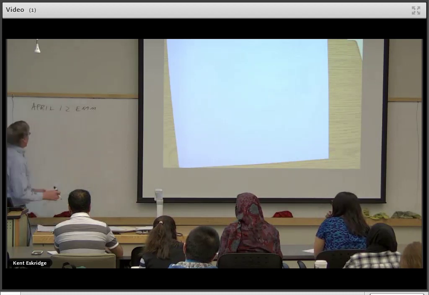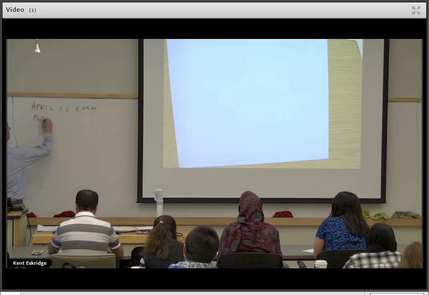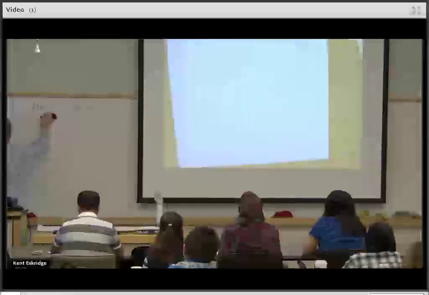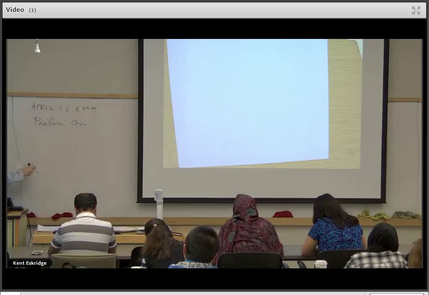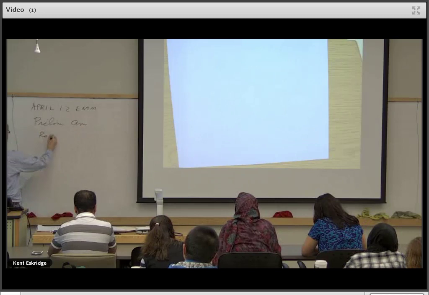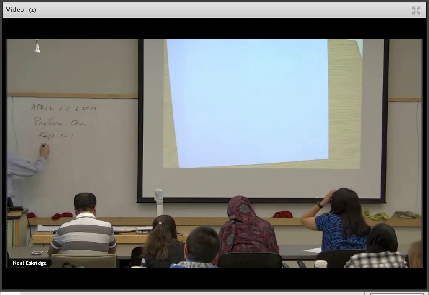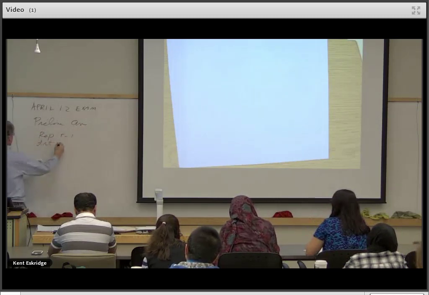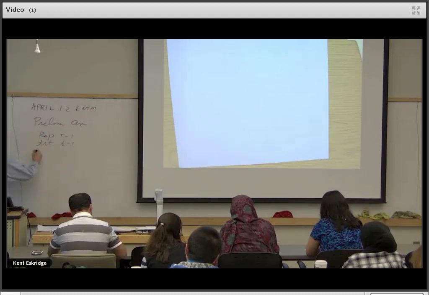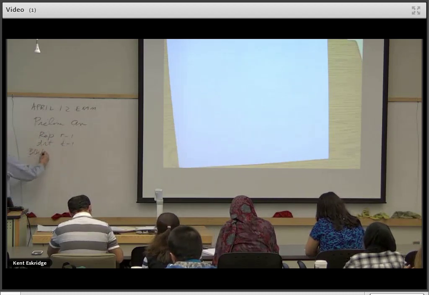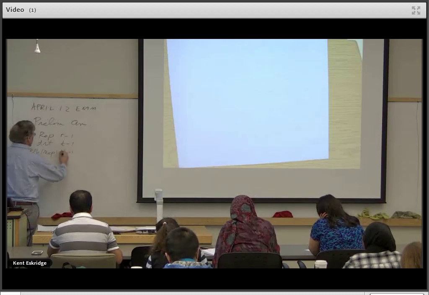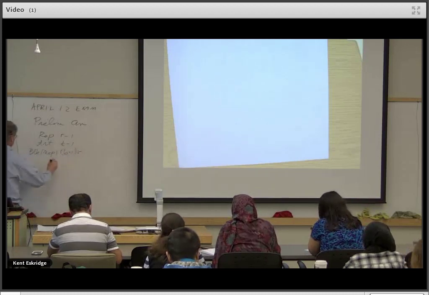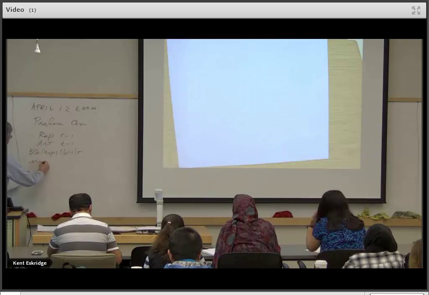And if you remember last time in the preliminary analysis, the ANOVA looked like this. If this is a resolvable design, I'll have REP with R minus 1 degrees of freedom, treatment with T minus 1, and then incomplete blocks nested within REP, B minus 1 times R, and then finally the error.